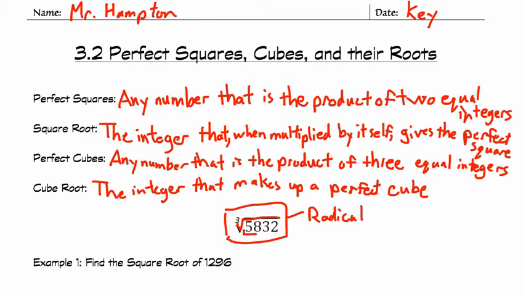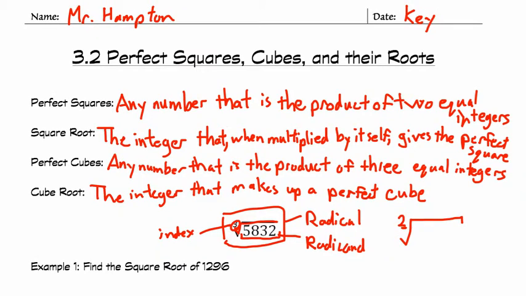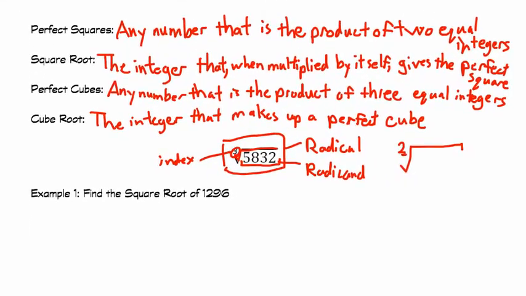The number on the inside here is called the radicand. And the number up top is called the index of the radical. When there is no index, the index is assumed to be a 2.